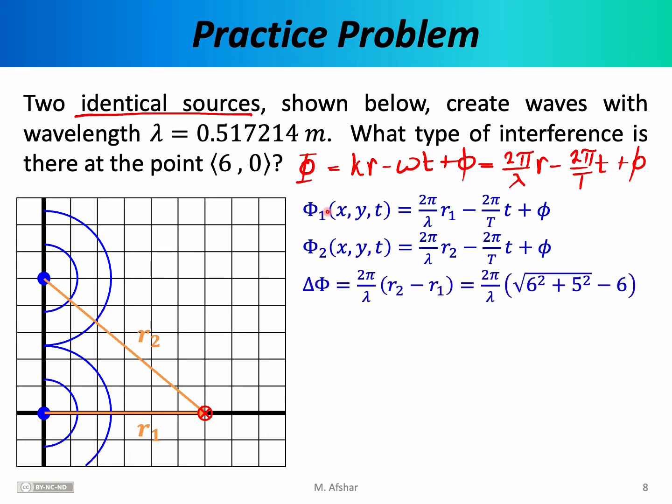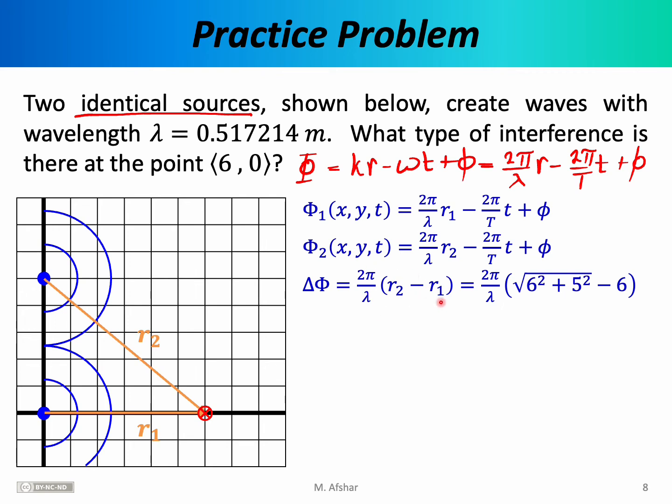If you take the difference between Phi1 and Phi2, you'll see that the phase constants cancel. The terms with time in them also cancel, and what you're left with is 2 pi over lambda times R1 minus R2. Or if you prefer, you can also write R2 minus R1. The difference, of course, is a minus sign. Remember that in this context, we don't care about the minus signs.